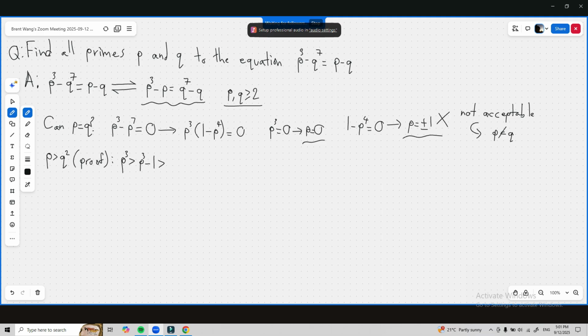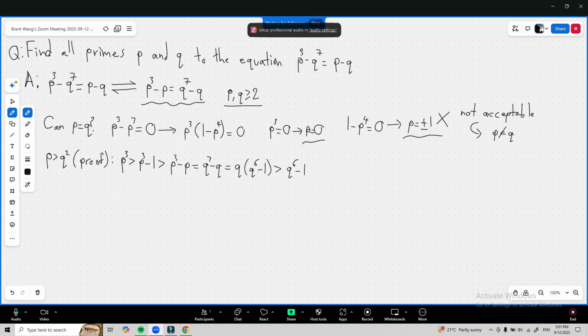And since p is at least 2, this is obviously greater than p cubed minus p. And this is equal to q to the 7 minus q. You can factor out a q, so that's q times q to the power of 6 minus 1. And since q is at least 2, we can say that this is strictly greater than q to the power of 6 minus 1.